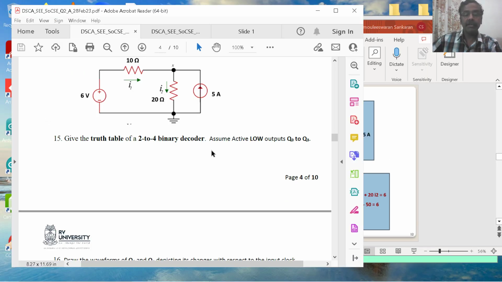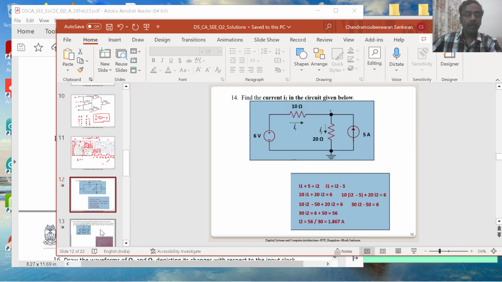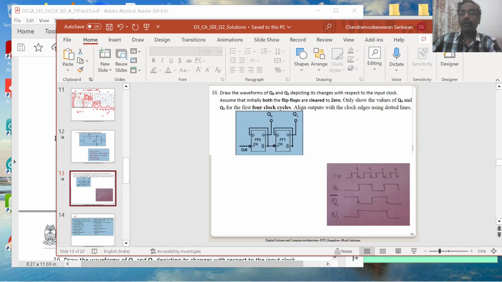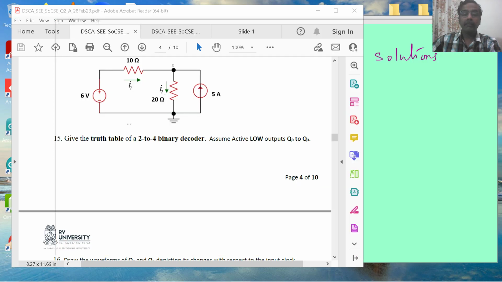Now let us just finish off this question 15 before we break and then get into the next part 4 of the discussion. Now give the truth table of 2 to 4 binary decoder. Now, okay, let me talk about that, maybe with, what is a decoder?